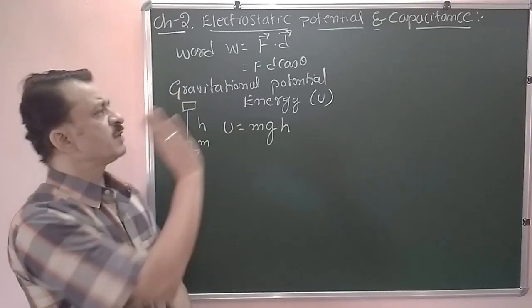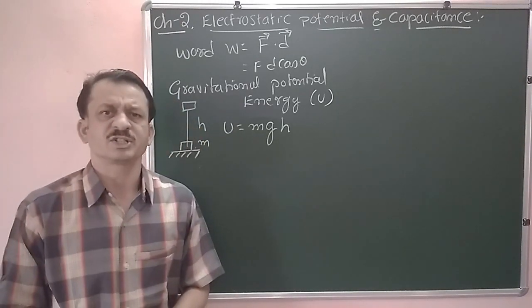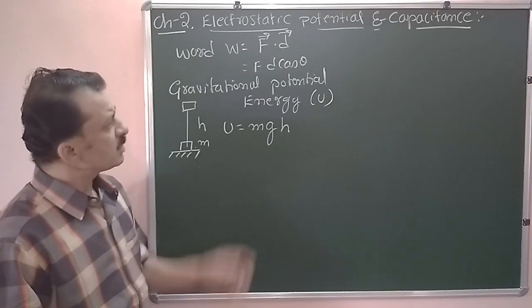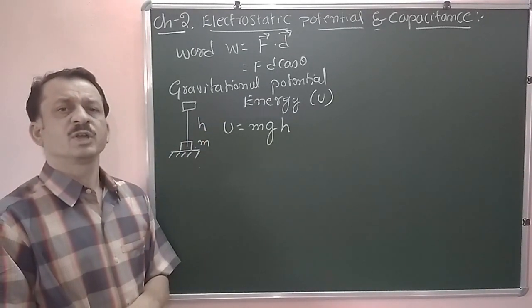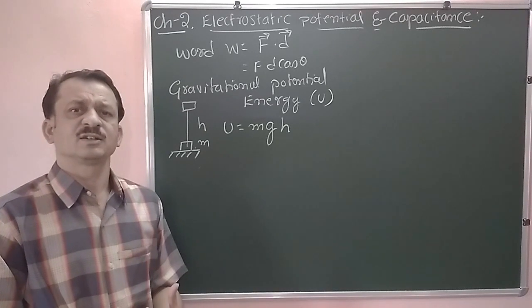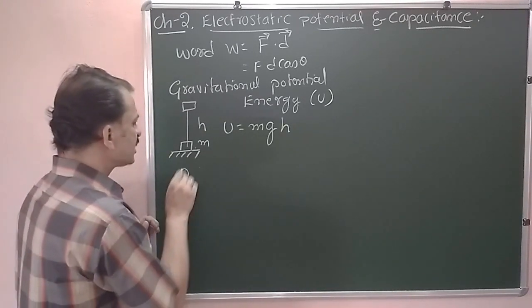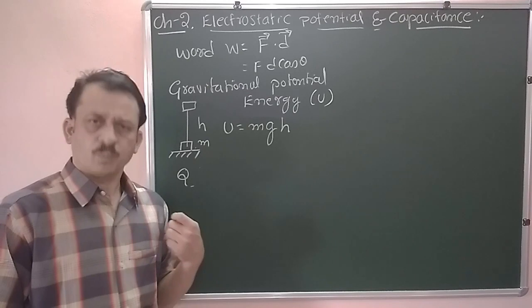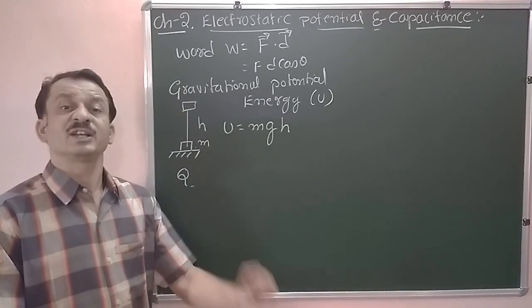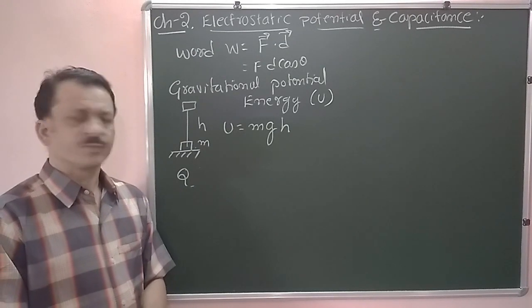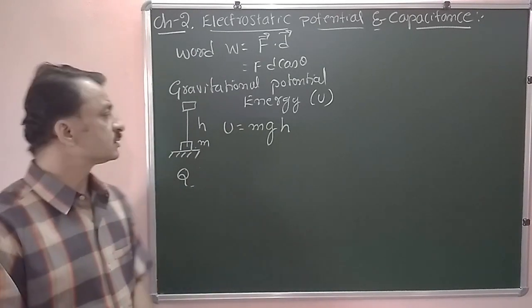That potential energy we have called gravitational potential energy. Now similar to this gravitational potential energy, in electrostatics, a charge is going to possess an electrostatic potential energy. That concept we are going to study.